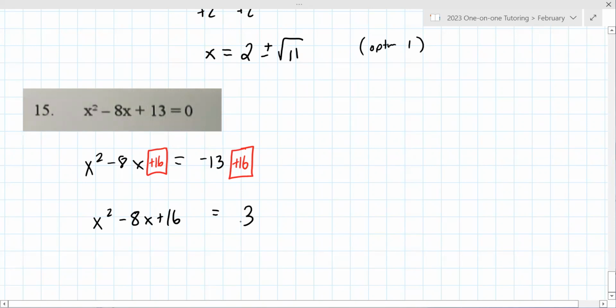Can you tell me what to do next from here? Gotta find a number that multiplies to 16 but adds up to minus 8. There's also a shortcut here, and it has to do with the b value. Do you remember that? We said it earlier.